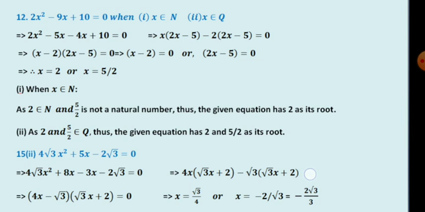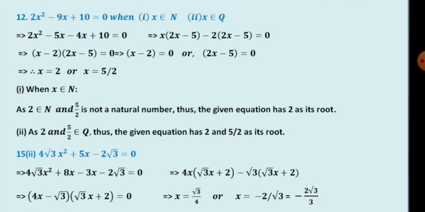So we will have root 3x plus 2 in the bracket, which is equals to 0. So one of the terms is 4x minus root 3 and another term is root 3x plus 2, which is equals to 0. So from 4x minus root 3 equals to 0, the value of x is equals to plus root 3 by 4.